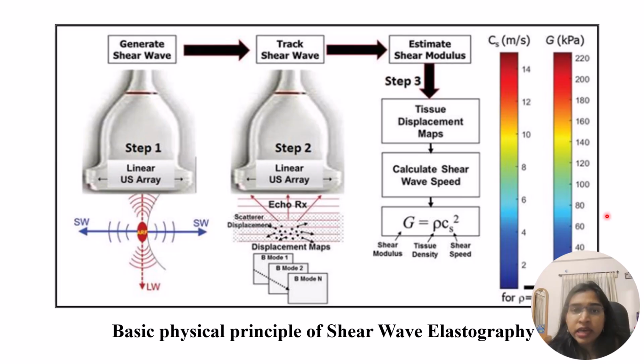Then in the third step, it estimates the shear modulus. It estimates the shear modulus because Young's modulus value we can know because we know how much deformation has occurred, what is the strain value, how much stress, how much force we have put. So it gives us the estimate of the shear modulus. We can calculate the velocity of the waves that is going through.